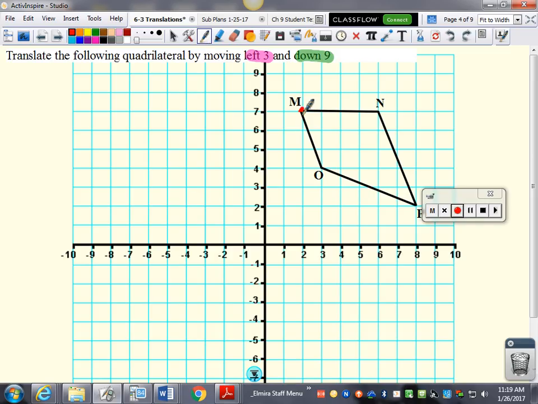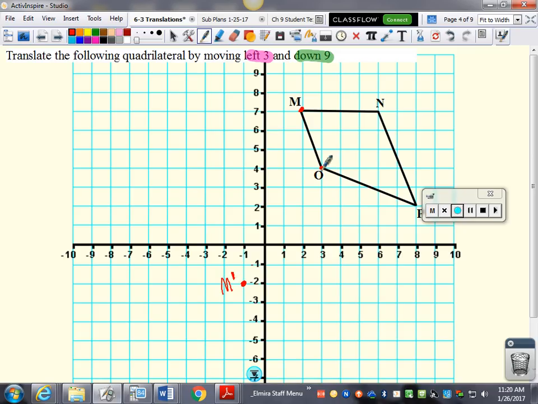I start with M, and it says left 3, so I'm going to go 1, 2, 3 boxes left, and 1, 2, 3, 4, 5, 6, 7, 8, 9 boxes down, and label as you go so that you do not forget. Especially when we do rotations, anybody who's not labeling as they go might not remember which dot represents which letter, and your shape is turned and it's not going to be as easy.